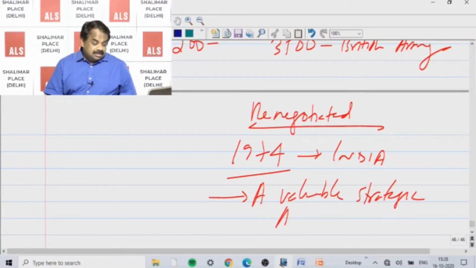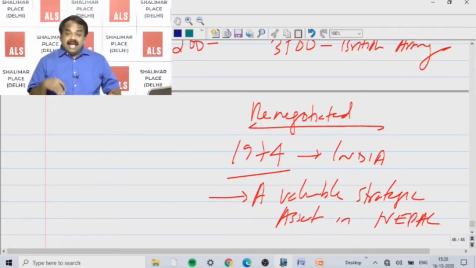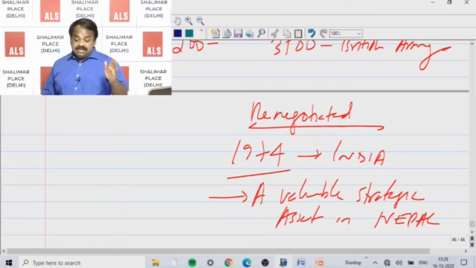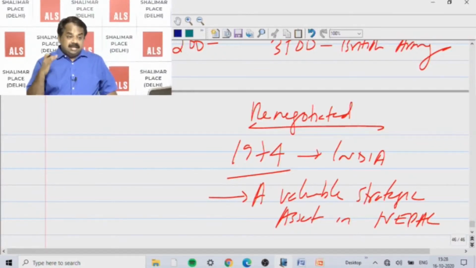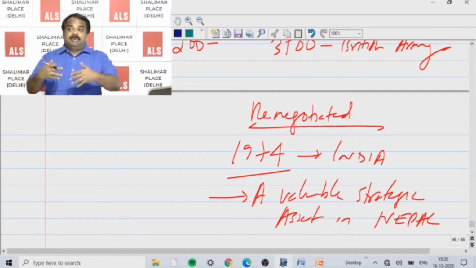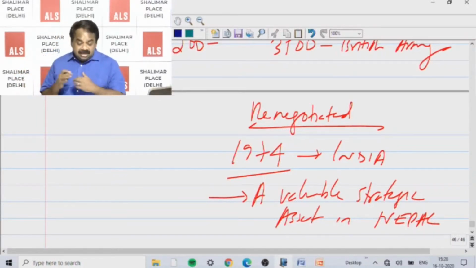strategic asset in Nepal. This can act as a guarantee against pro-China activities and anti-national activities. This legacy we should not be ignoring; we should continue to cultivate and protect it. It is a historic opportunity which history has given, and we should not be giving up on this.